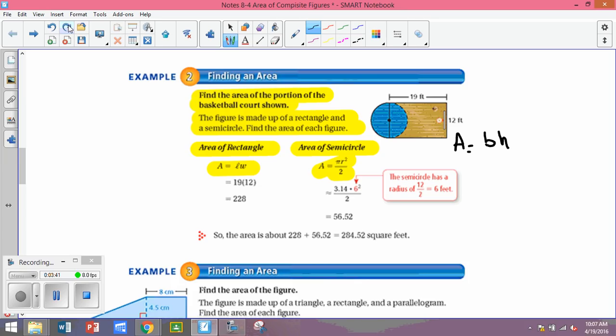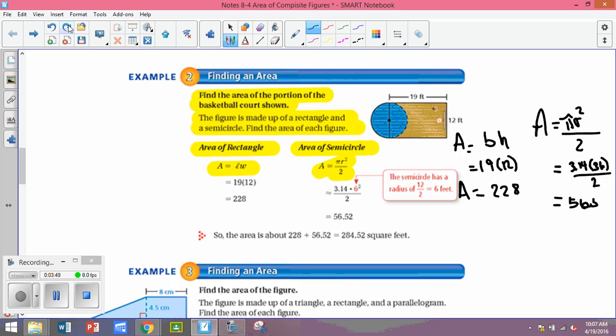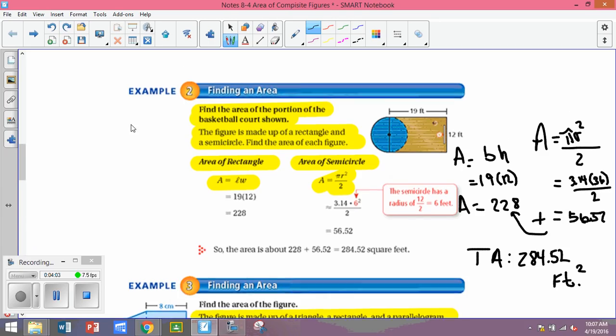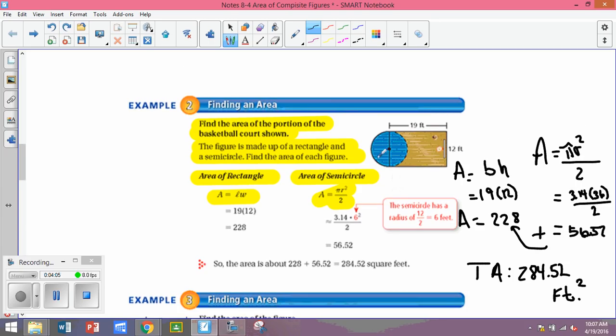So you find the area of your rectangle, which is 228, and then the area of your semicircle, which is 56.52, sorry, and then you add those together, so your total area of your shape is 284.52 feet squared. So you find the area of the rectangle and the area of the semicircle separately, and then add them together to get the area of your composite figure.